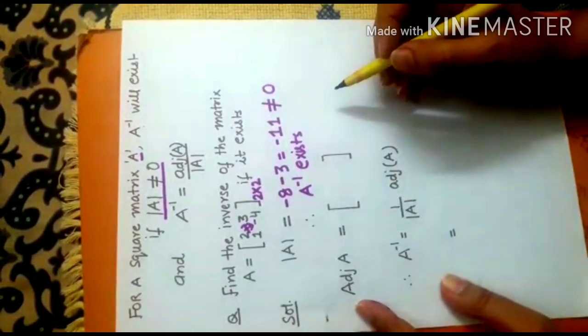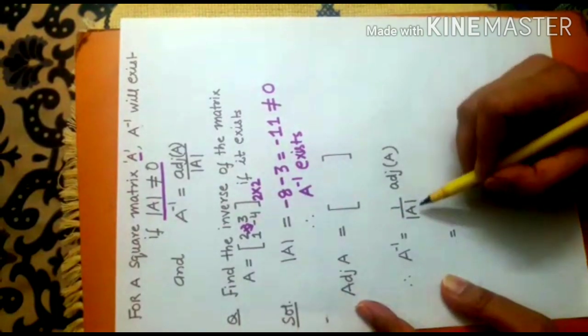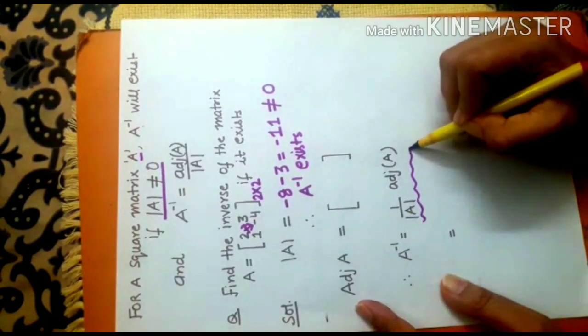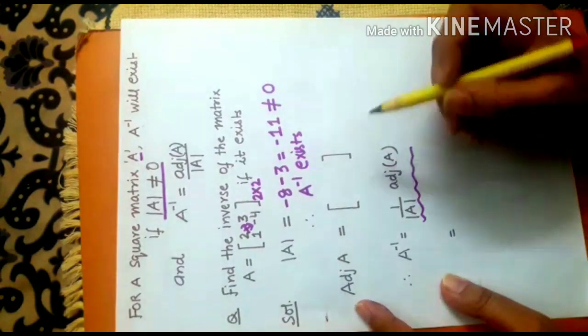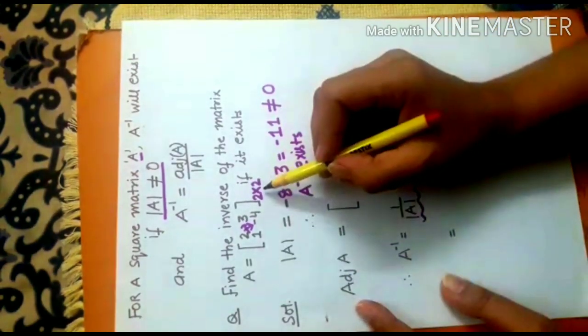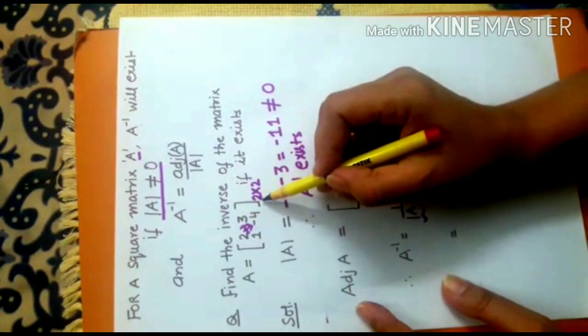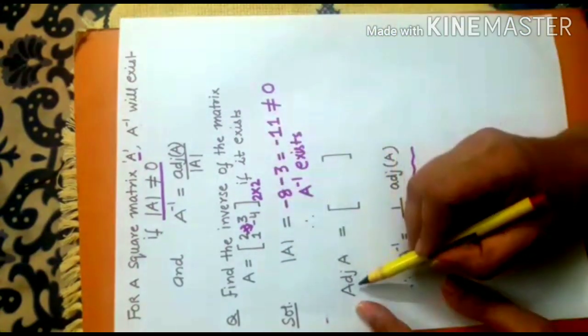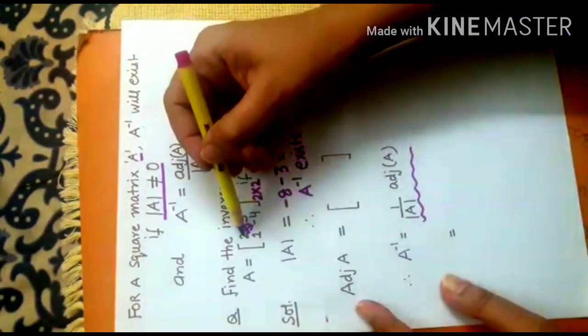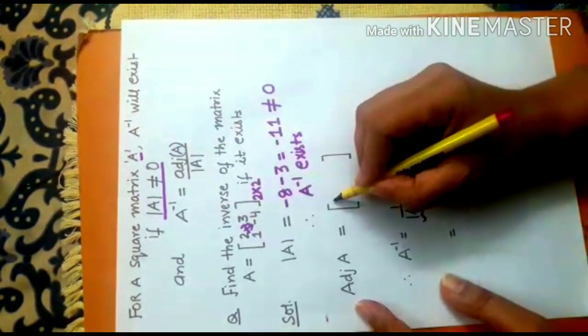Now we know that A inverse is given by this. So we need to find out the adjoint of the matrix A. In the last class, we learnt how to write the adjoint of a 2 by 2 order matrix. So for writing the adjoint, we interchange these two numbers.